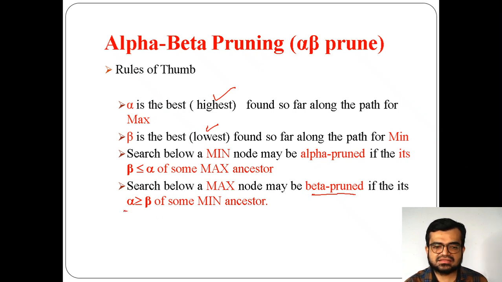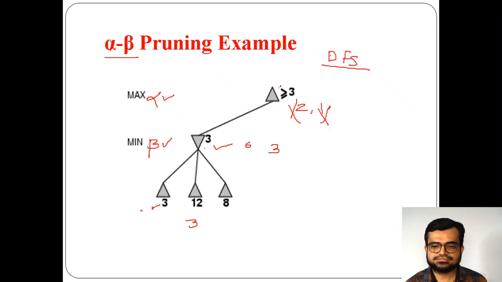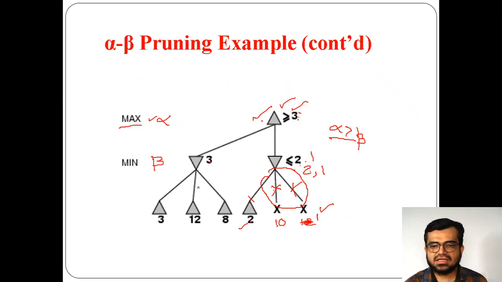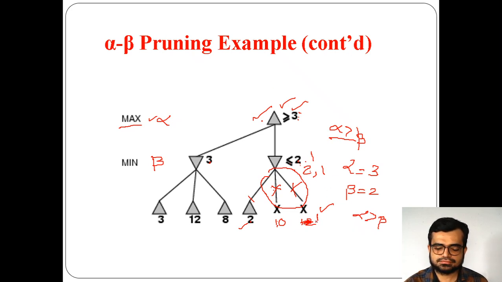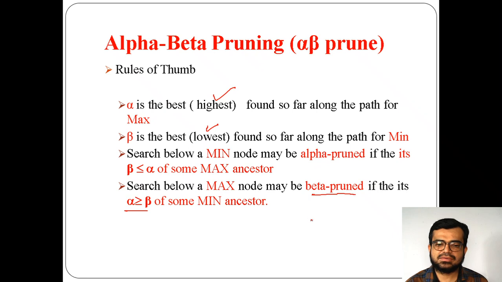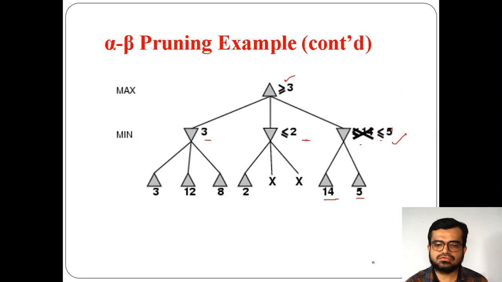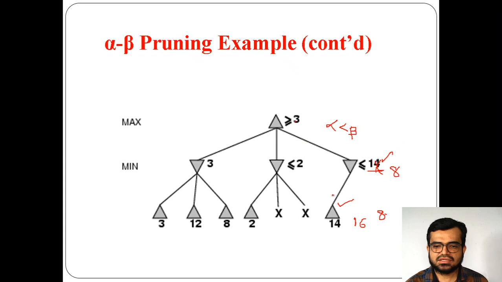If alpha is greater than beta, or if it is equal to beta, we prune this one, because now alpha is 3 and beta here is 2. So now alpha is greater than beta. Even if it is equal you can prune. So you can call this beta pruning. What we have removed here is this one.